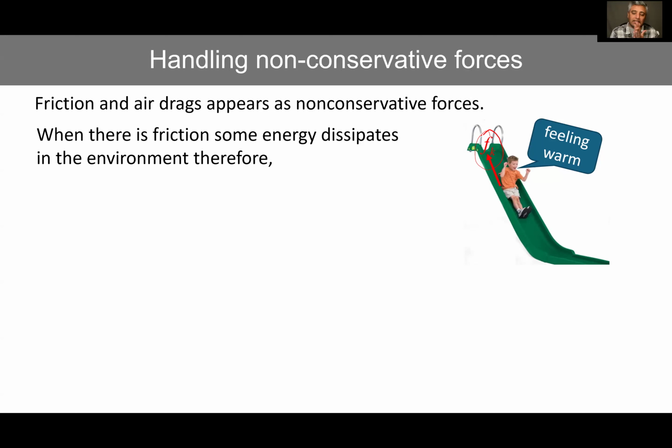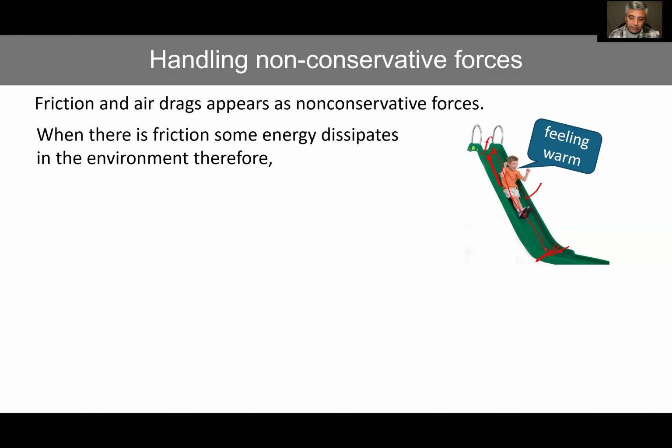It becomes warm and that energy gets dissipated in the environment. Some may go in the slide, some may go in the air. So that energy does not go toward providing kinetic energy for this kid while coming down. So we know if friction is negligible, what happens? The speed with which this kid will arrive is going to be larger than in the real situation where there is friction.